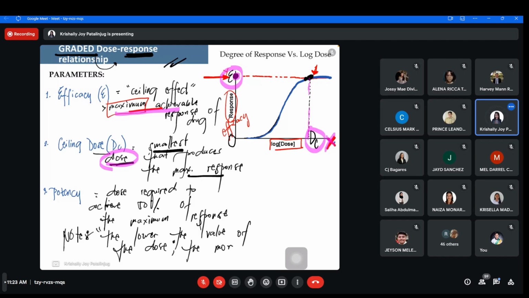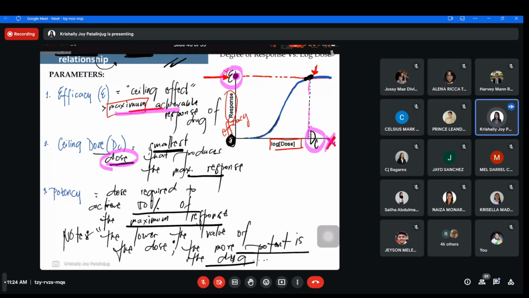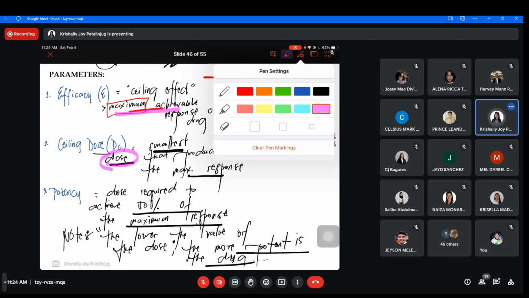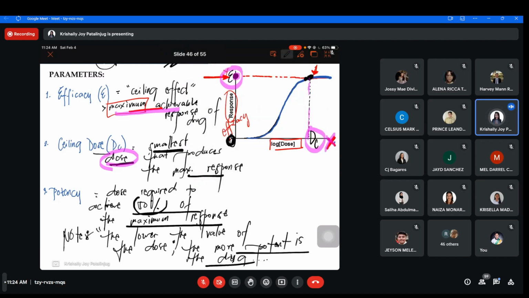How do we know it's a lower dose? When it's close to zero, right? When it's close to zero and it already attains 50% of the maximum response, then that's a more potent drug. Okay, so on the graph, if we get the potency, it says 50%, so 50% first. That is the dose that is achieved.